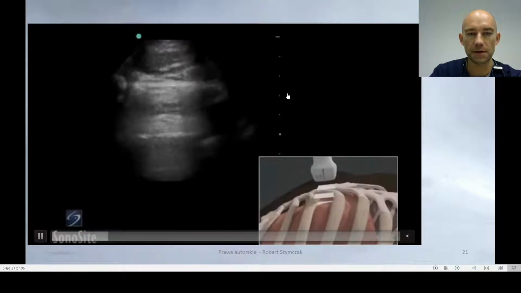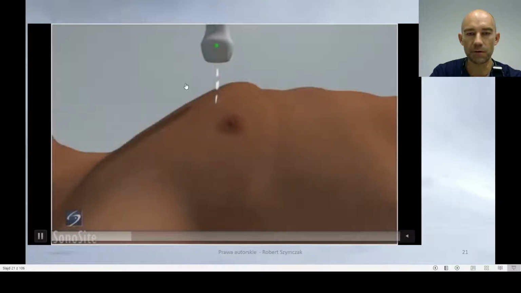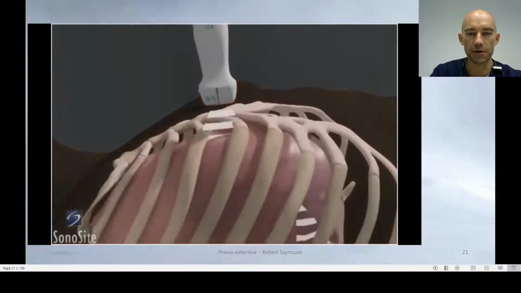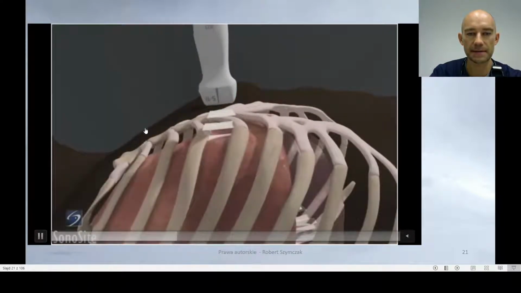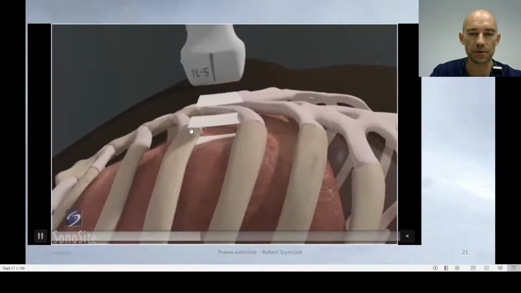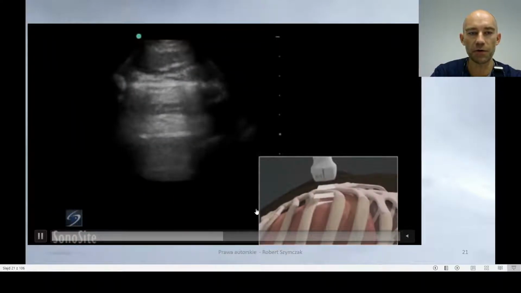So as you can see here, you can see the lung sliding, so the movement of the pulmonary pleura. Marker towards the head, and you have to put it between the ribs, but you will have the hypoechogenic echo of 2 ribs on your picture.